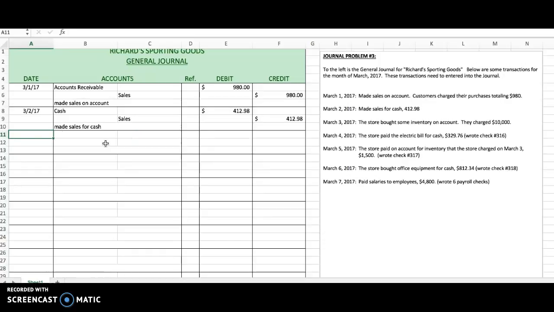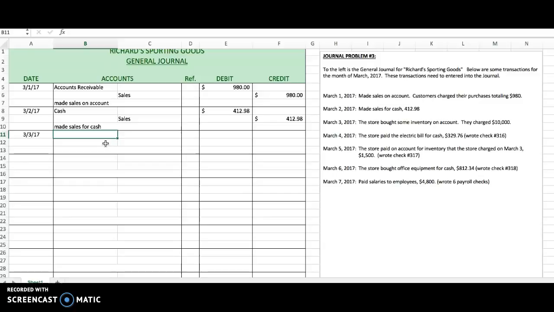March 3rd. In this transaction, the store bought some inventory on account. Which two accounts were involved? Well, inventory is involved. Inventory, you should know, is an asset account. We got inventory.